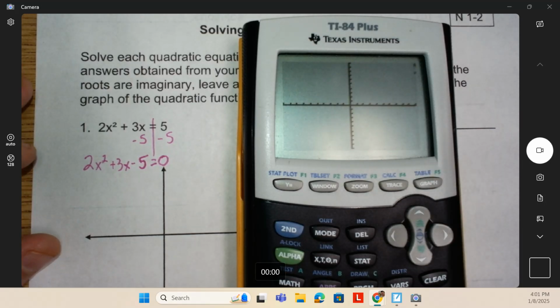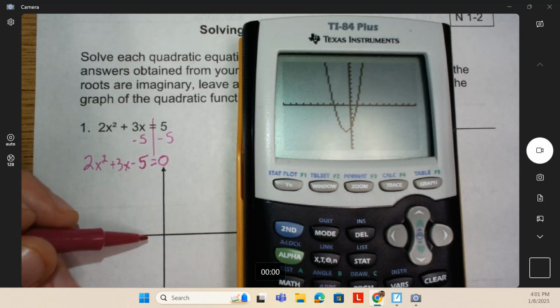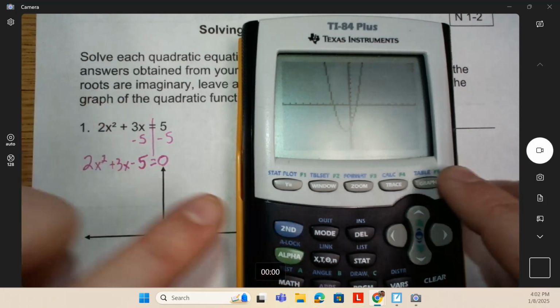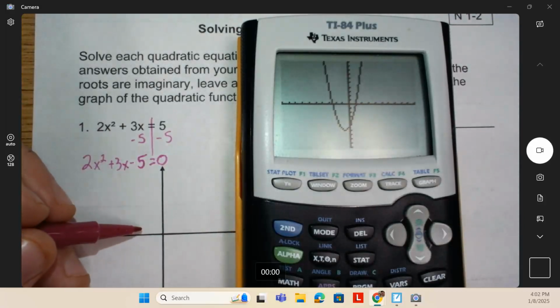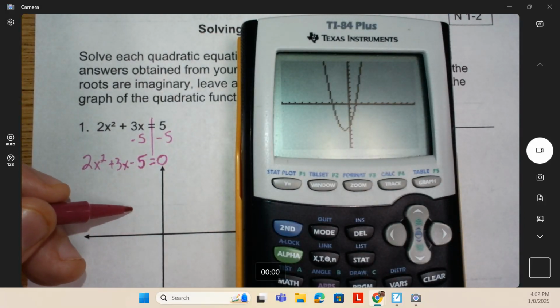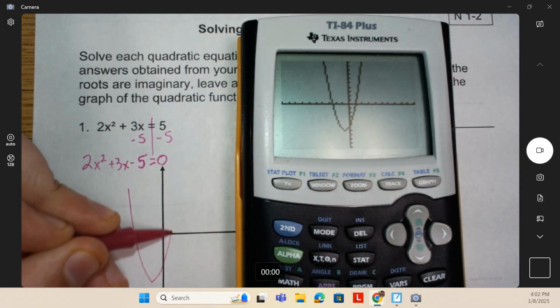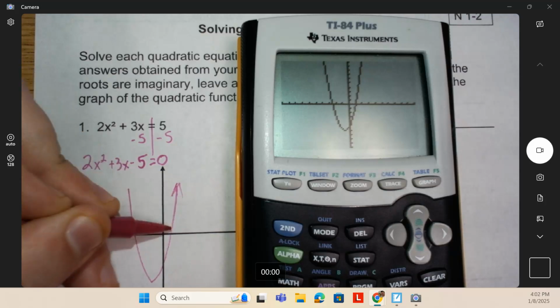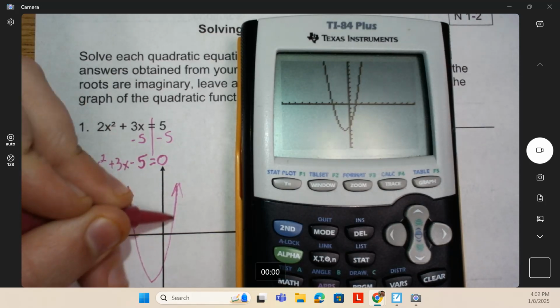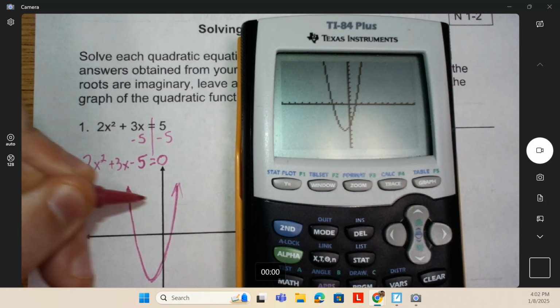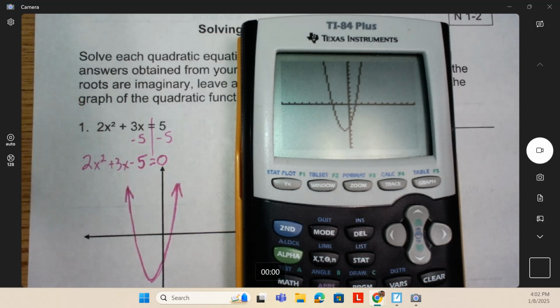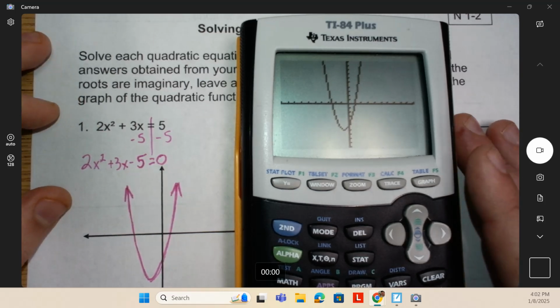And then we'll just check the graph because we're going to do a quick representation of it. So I'm not going into my table and getting exact points or anything. This is just a quick, what does it look like? So we have an idea of about where it should cross, and we are able to decide, does this cross the x-axis, which it does.